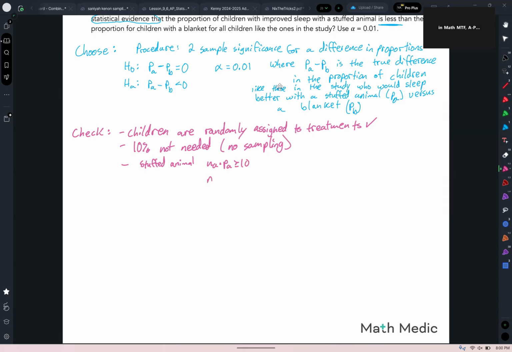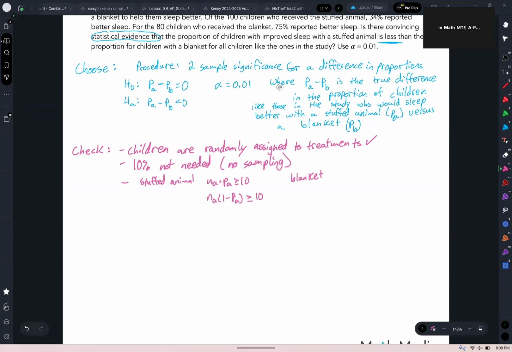Well, when we were doing confidence intervals, we could just use p hat, right? When we did one sample hypothesis testing, we could just use p because we had a single value for p. But I don't have the true proportion of children sleeping better with stuffed animals, or with blankets. I just am looking at the difference, right?